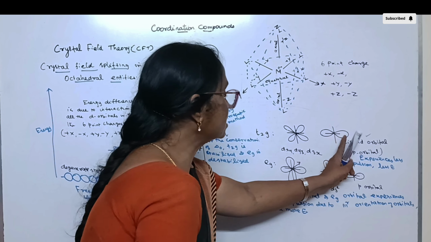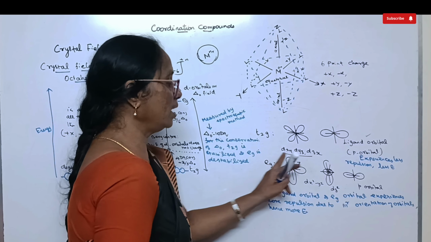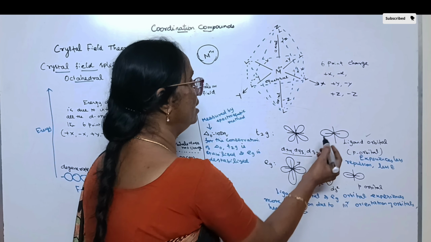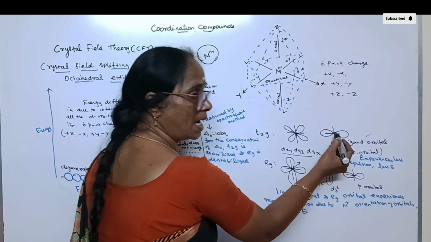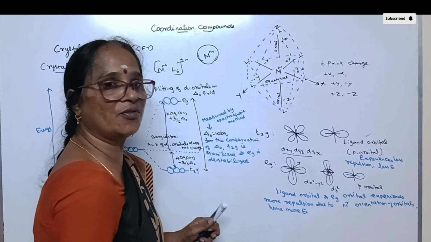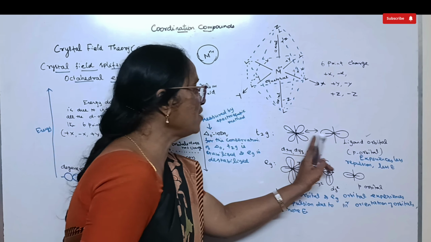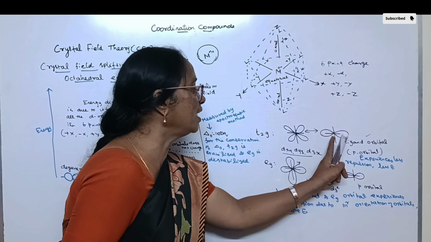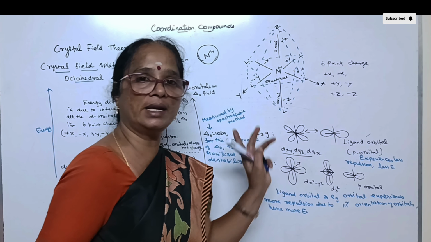So when the ligand orbital approaches dxy, dyz or dzx, the lobes of the ligand orbital are along the axis, but in the d orbital the lobes are in between the axes. So when they approach each other, they find less repulsion. This is because they differ in the orientation of their lobes along the coordinate axes.